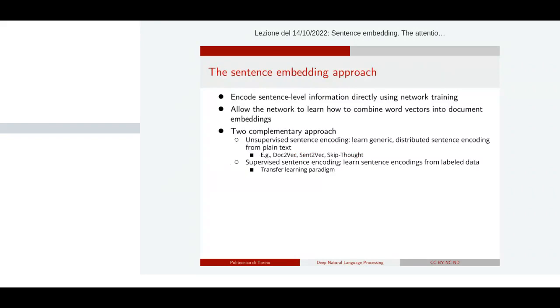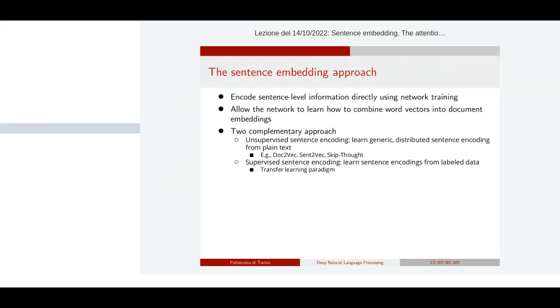The network tries to learn how to combine the word vectors, so it takes in input, again, the words in a piece of text, but tries to generalize the embedding representation to an arbitrary sentence.